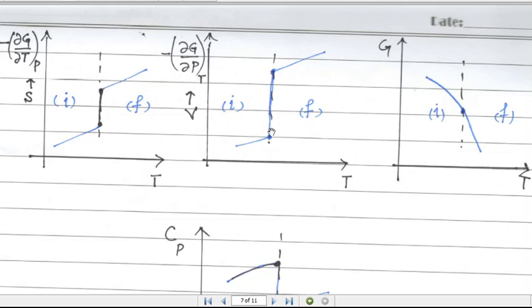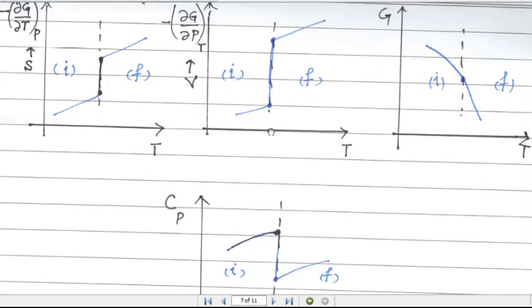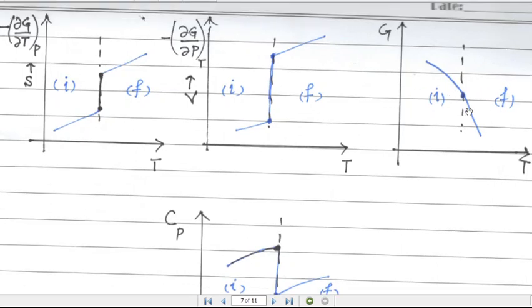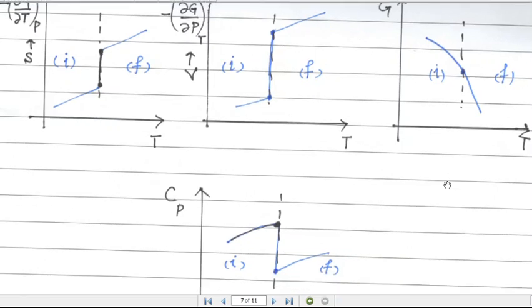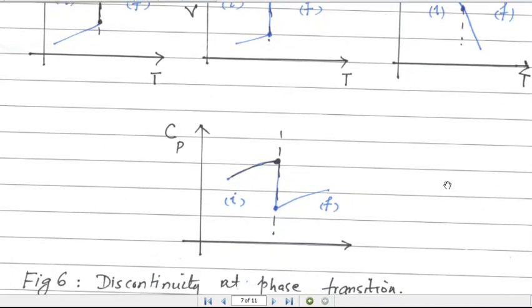An important point to note is that the Gibbs free energy is continuous at the phase transition for the first order phase transition, and we will discuss later why the Gibbs free energy is continuous at the phase transition. Also, the heat capacities show a discontinuity at the phase transition.